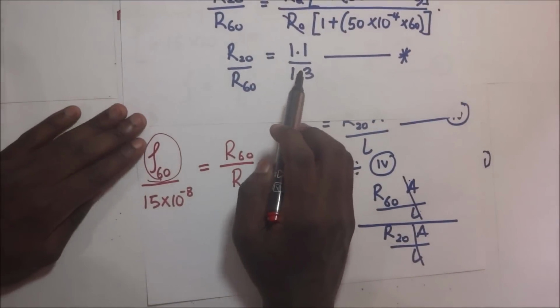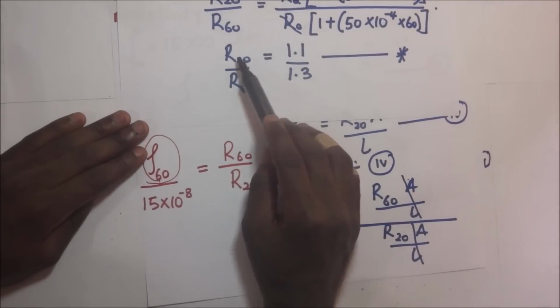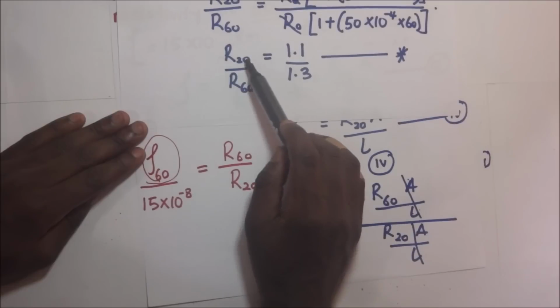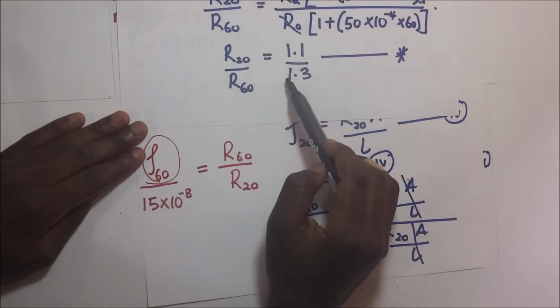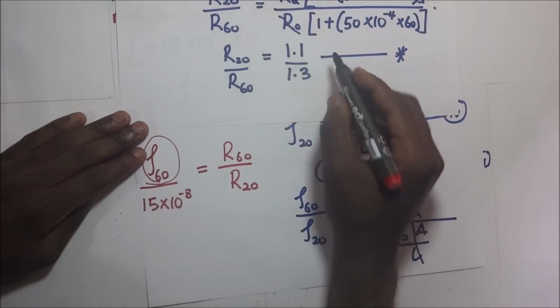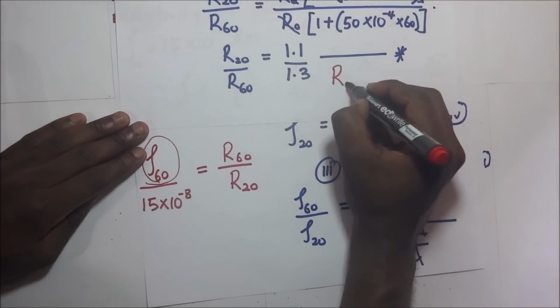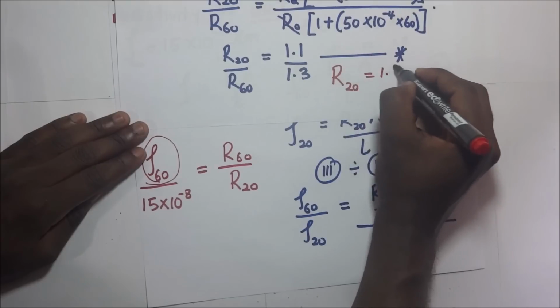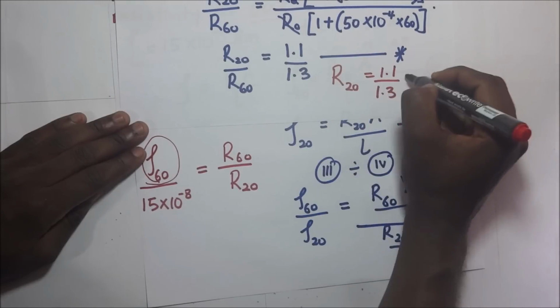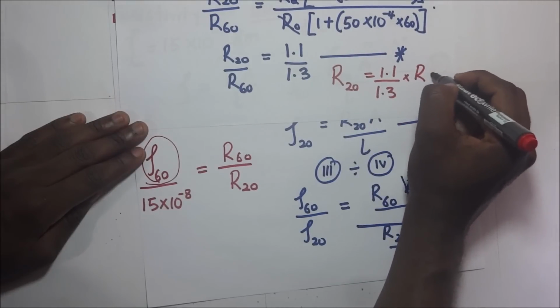Our earlier expression tells us that the resistance at 20 is 1.1 over 1.3 times R60. So if we make R20 the subject of the formula, the resistance at 20 gives us 1.1 divided by 1.3 times the resistance at 60.